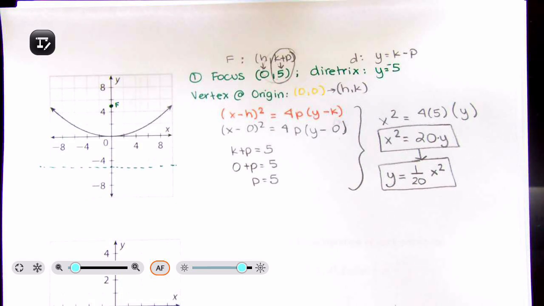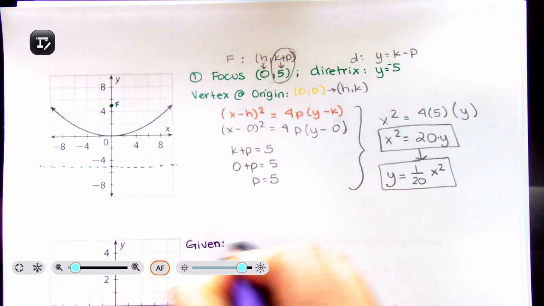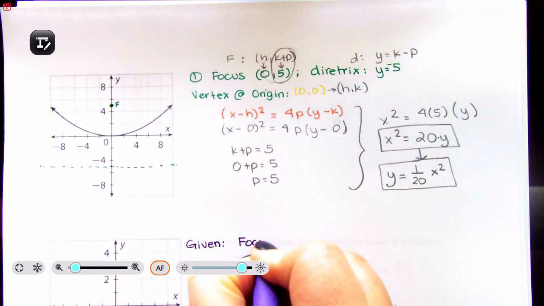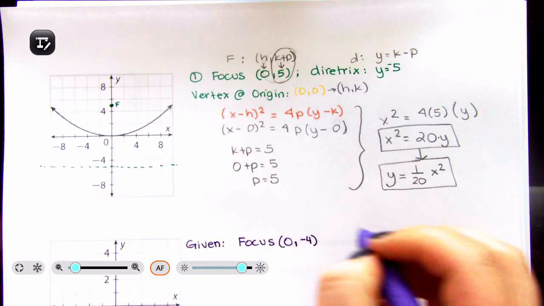Let's see what they're going to give us. They're going to give us a focus and a directrix. So focus is 0, -4.